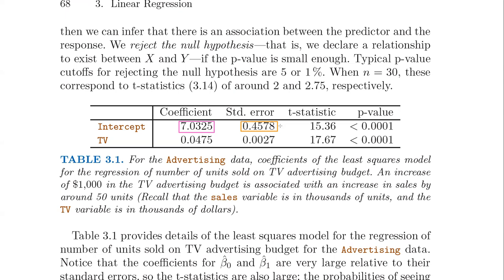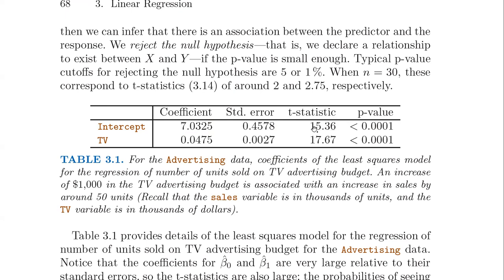Now, what do you do with the 15.36? This is when you have to look it up in a table. So the question is, what is the probability of getting 15.36?